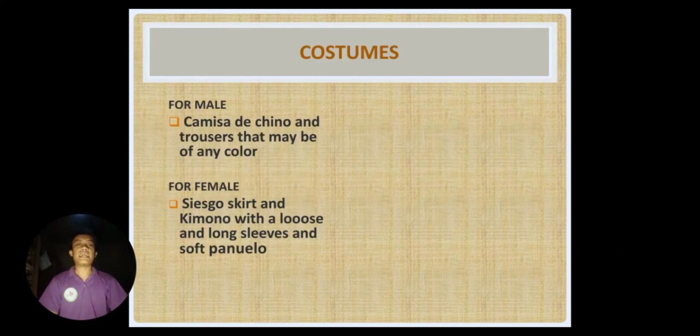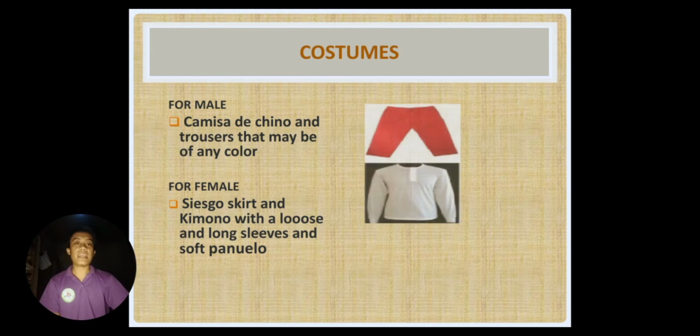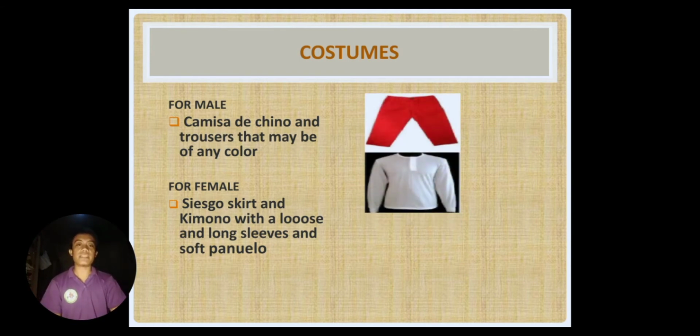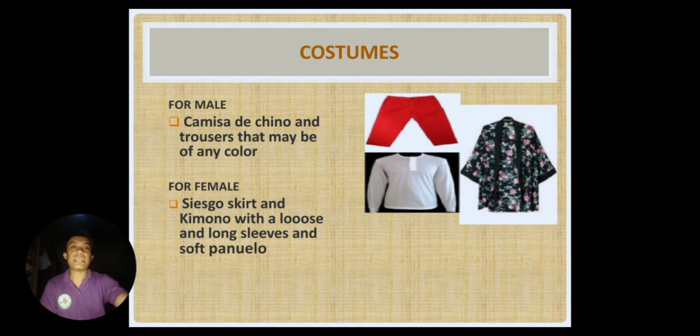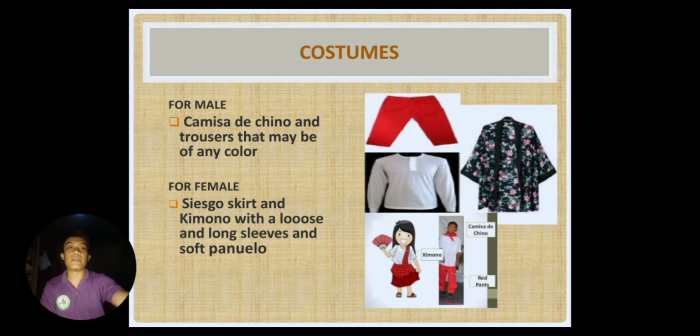Now, let's tackle the costumes of males and females in the Binislakan folk dance. For males, we have the camisa chino and trousers that may be of any color. It may be red, black, or any color. While for females, we have the patadyong skirt and kimono with loose and long sleeves and soft panuelo.